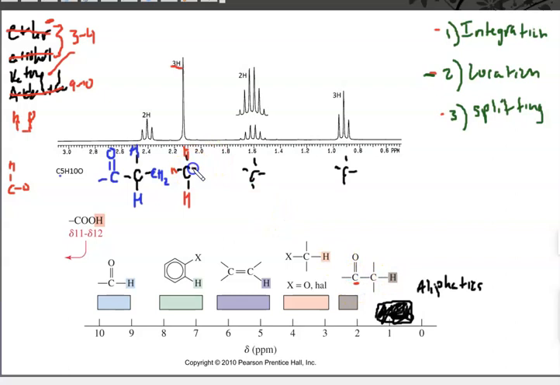So that means this empty spot right here is the carbonyl. So that means this empty spot right here is a CH3 group. All right, so I'll start piecing it all together. So I got a CH3. And then from the blue fragment, I got a CH2 and a CH2.